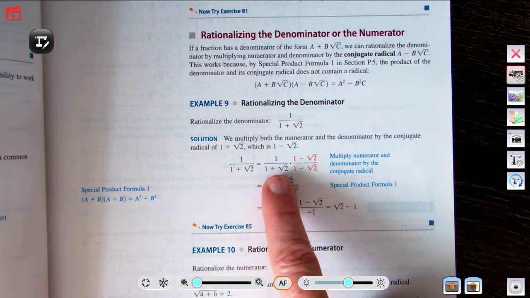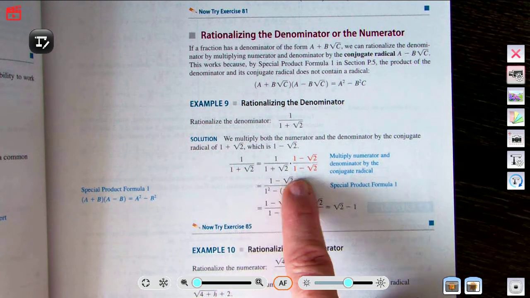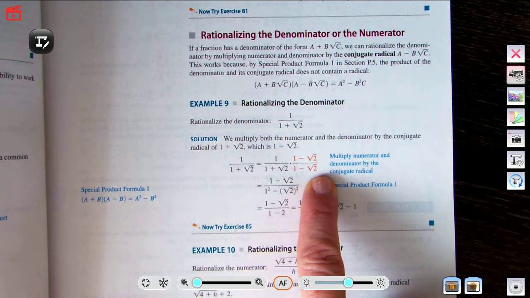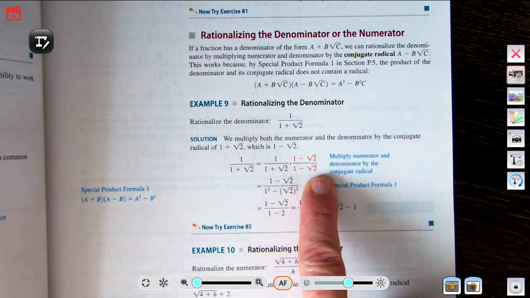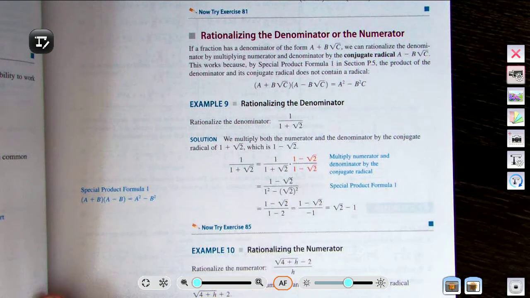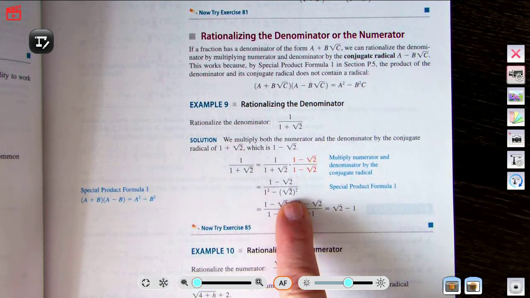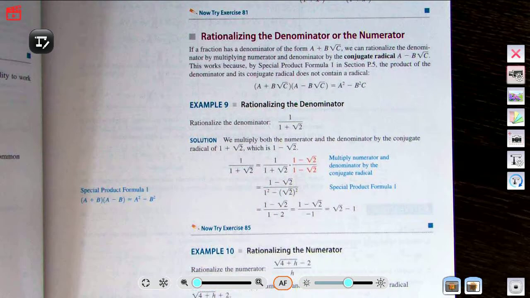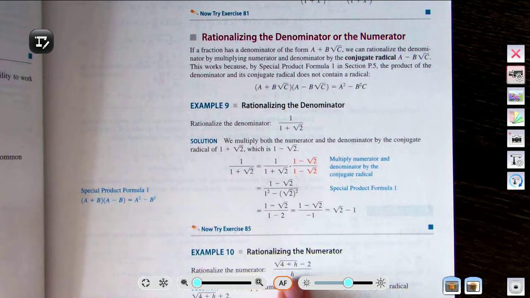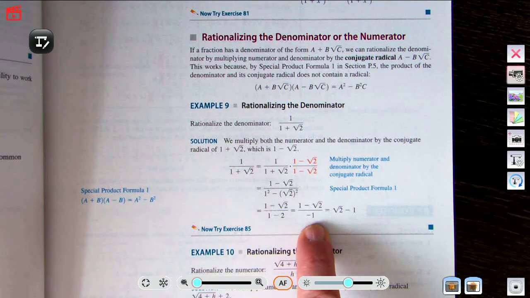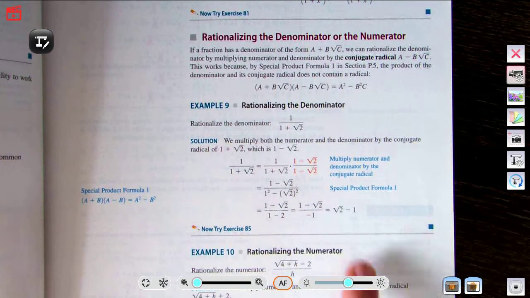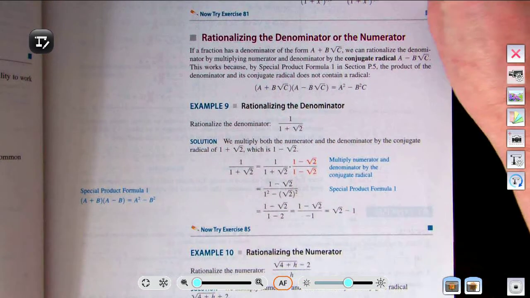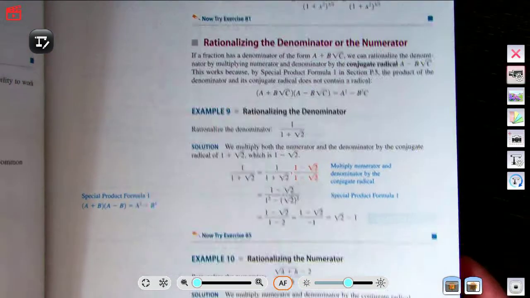They aren't just taking the first and the last. The inners and the outers are opposites in sign, so they will cancel out. Then remind ourselves that the square root of 2 squared is simply 2. And then they ran this negative through the numerator to change the signs. So be careful about that.